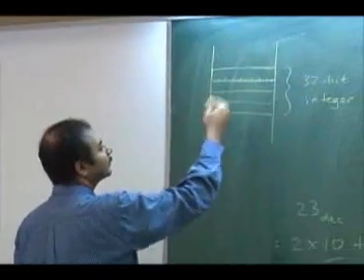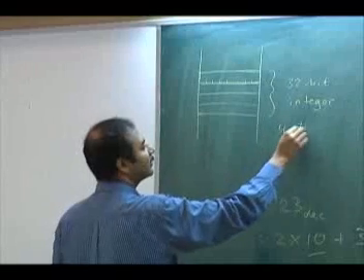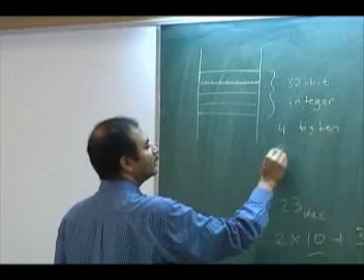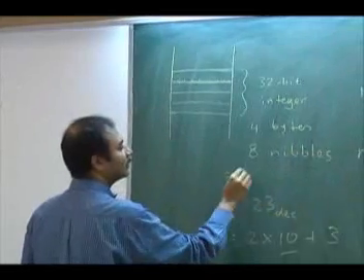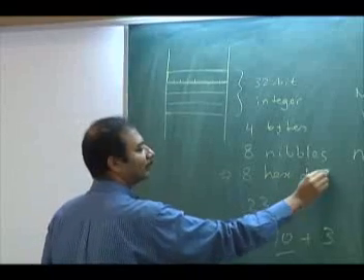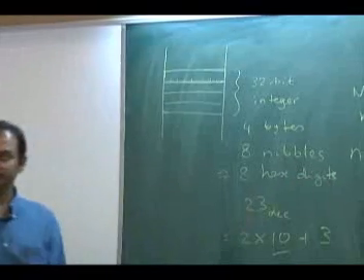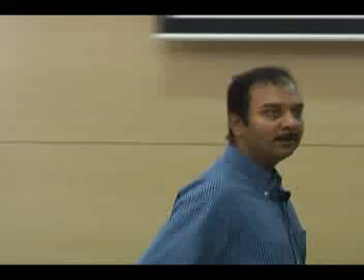And therefore, a 32-bit integer has 4 bytes, or it has 8 nibbles. In other words, it has 8 hexadecimal digits. Okay. So all standard integers in C and C++, which are 32 bits wide, have an 8 hexadecimal digit representation.